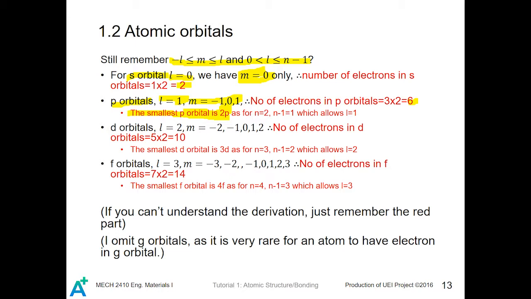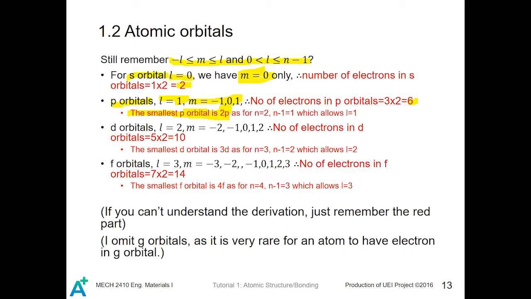Therefore, for L equal to 1, n must be larger or equal to 2, and that's why the smallest p orbital is 2p. That's why in n equals 1 there is only one s and no p, and also no d and f, following the same logic.